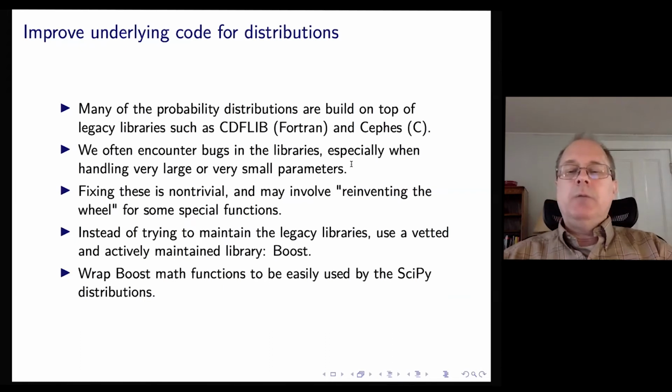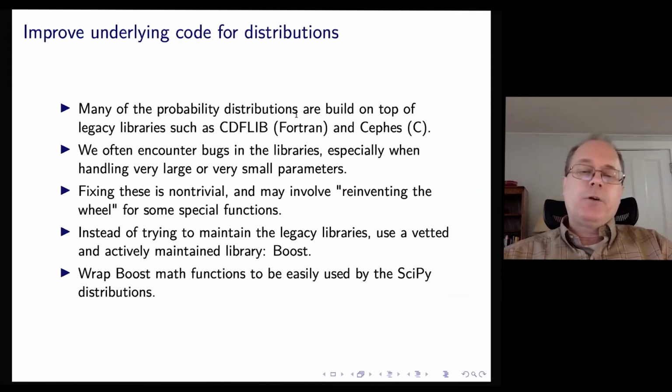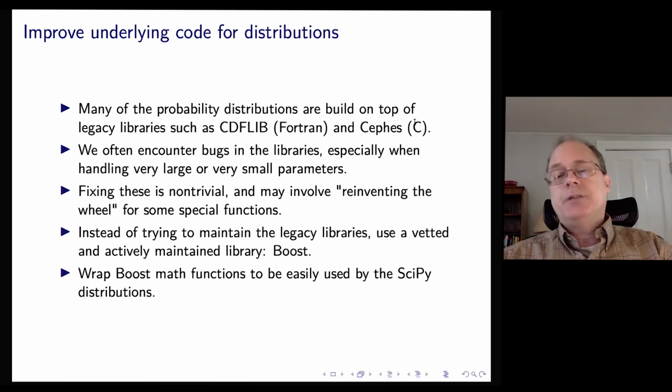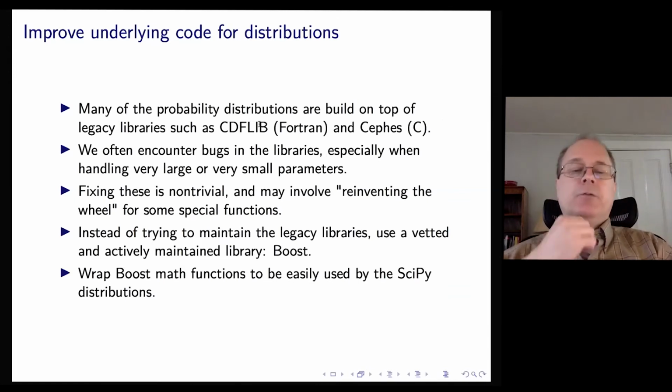Eventually we find a bug or a limitation, and trying to fix those can be a challenge. If you want to look at some spaghetti code, you can look in CDFLIB. And like other code such as Cephes, there are obvious signs of somebody having ported it from single precision to double precision and not doing it fully. So there are legacy issues in these libraries too.